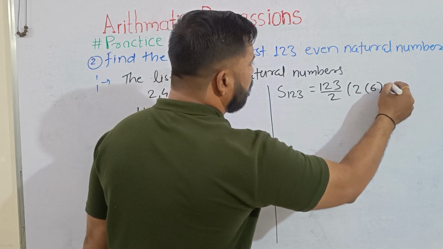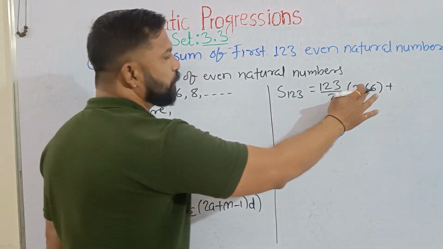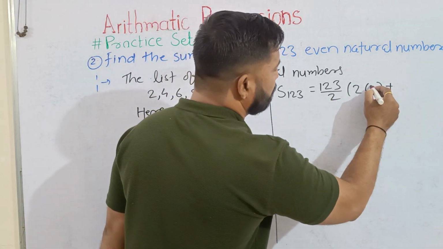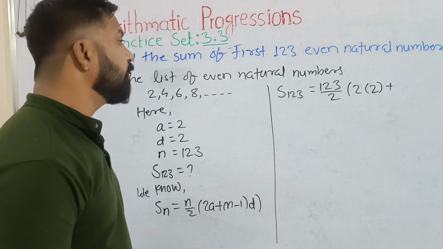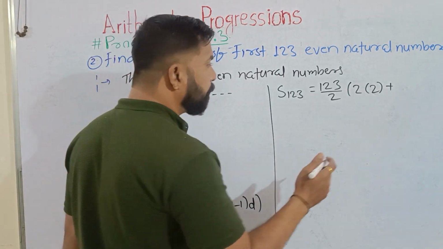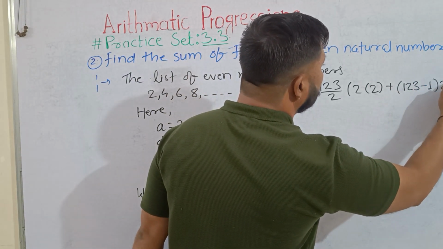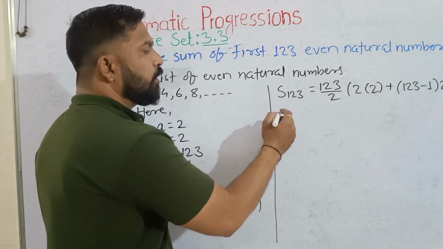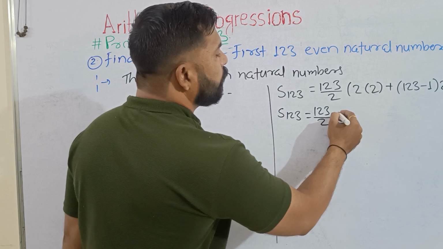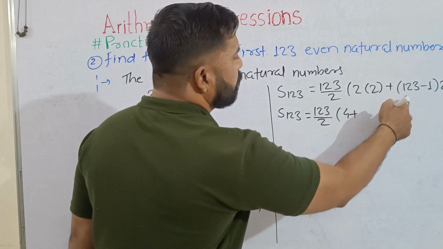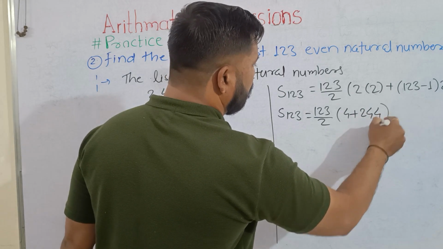A is 6, no sorry, a is 2. The first example was there in my mind. So 2a plus n, 123 minus 1 into d. That's it. Now S123 is equal to 123 by 2 into the bracket 4 plus 122 into 2, 244.